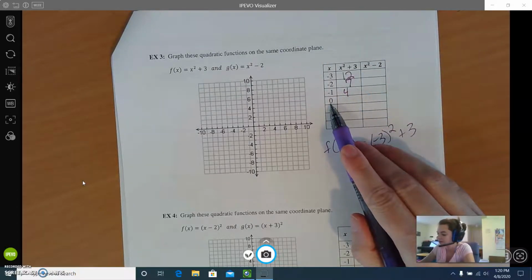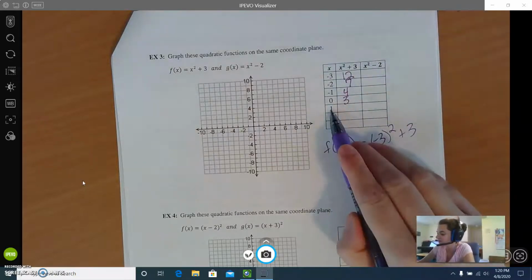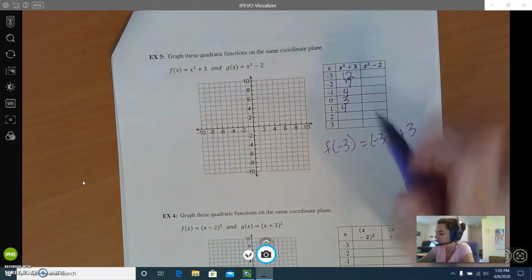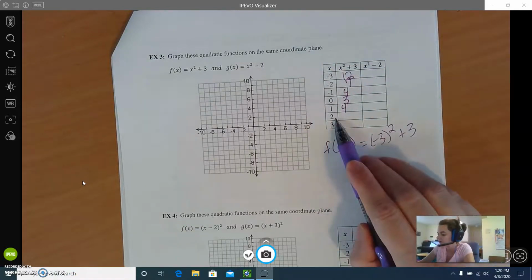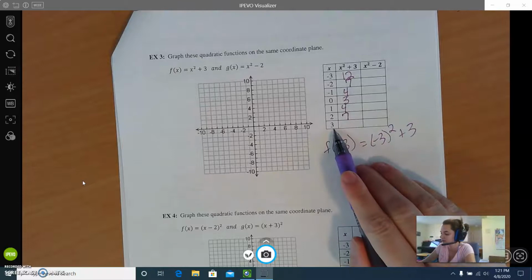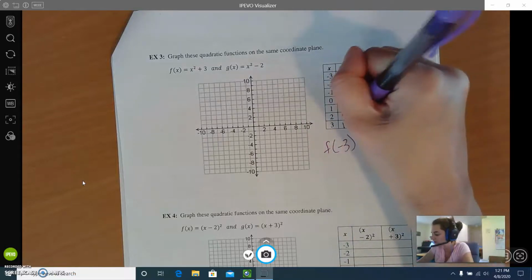If x is 0, 0 squared is 0, plus 3 would be 3. If x is 1, 1 squared is 1, plus 3 is 4. For x is 2, 2 squared is 4, and 4 plus 3 is 7. And last one, if x is 3, then x squared would be 9, and 9 plus 3 is 12.